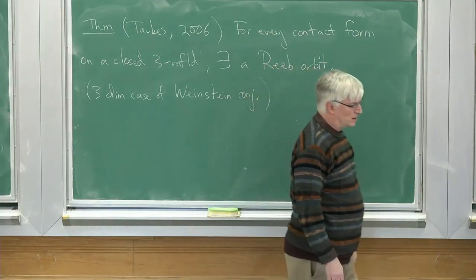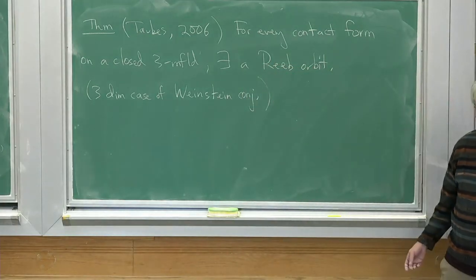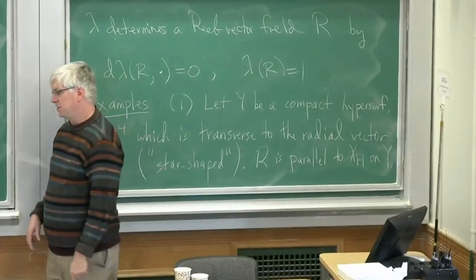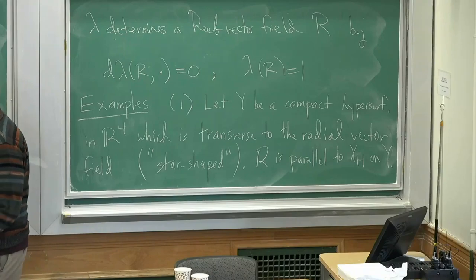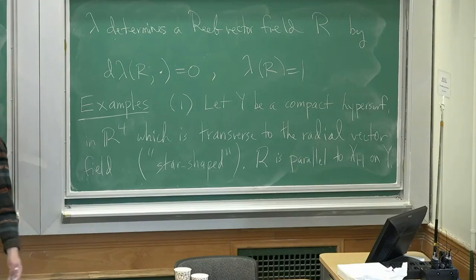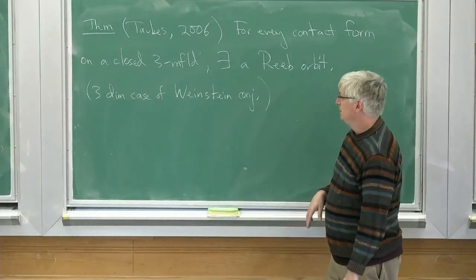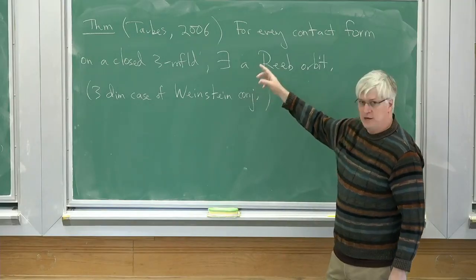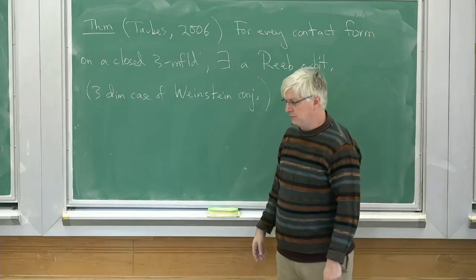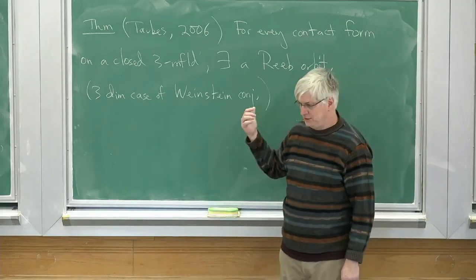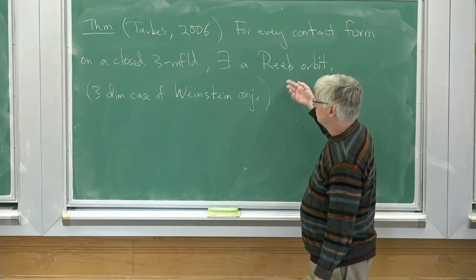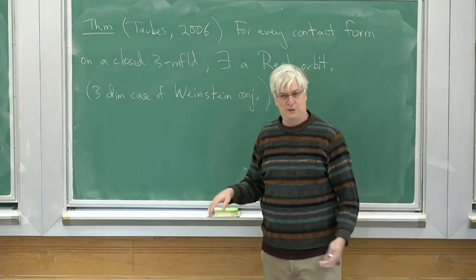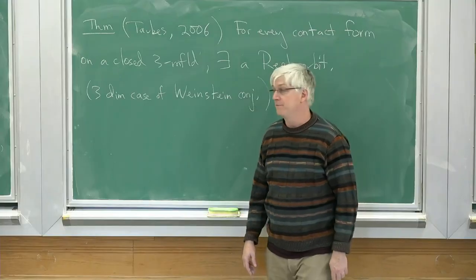The notion of contact form and Reeb vector field has a generalization to any odd-dimensional manifold. So the Weinstein conjecture says that any contact form on any compact odd-dimensional manifold has a periodic orbit. This is known in the three-dimensional case by Taubes. There are various earlier results by a number of authors proving this in some cases, but Taubes gives so far the only known proof in all cases in three dimensions, and uses very non-trivial Seiberg-Witten theory.